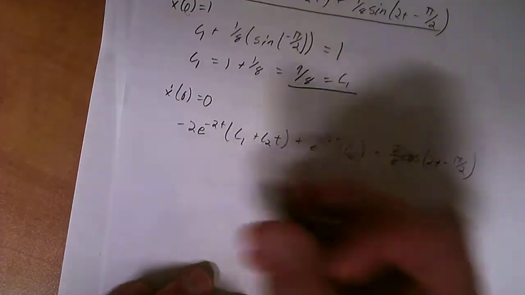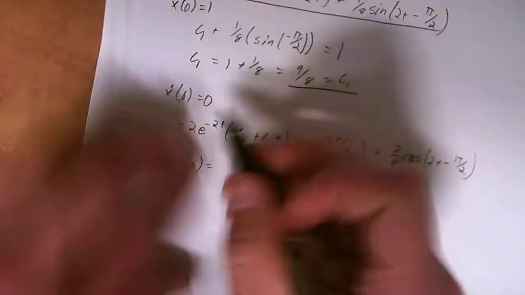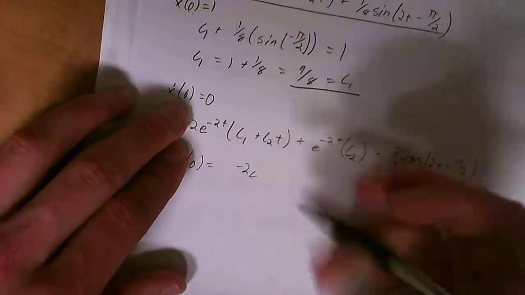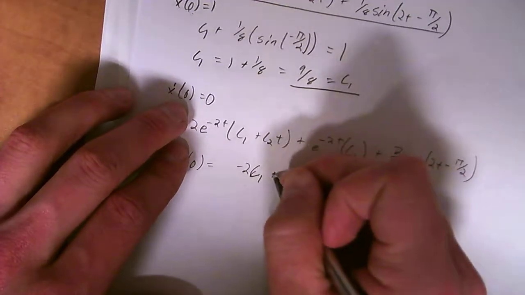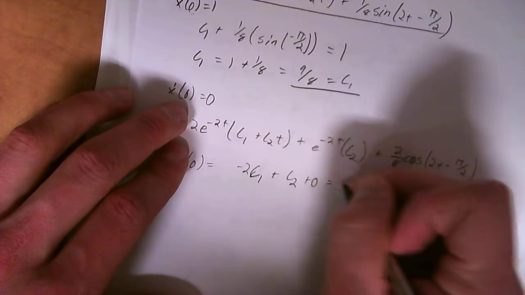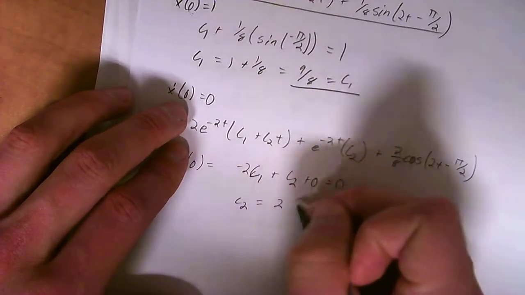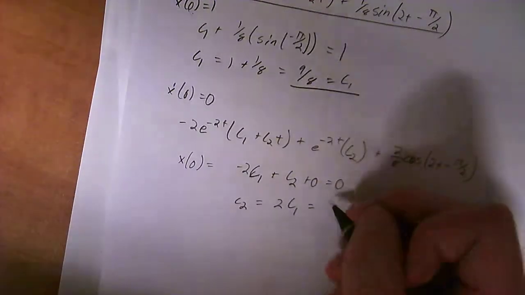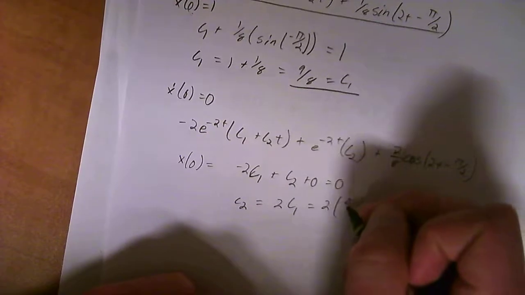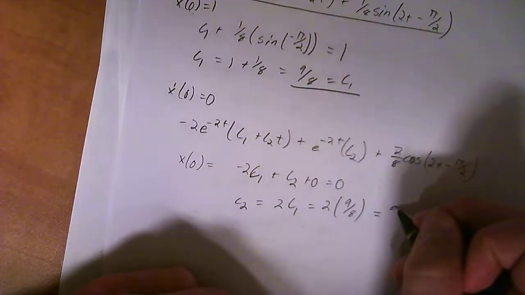Okay, so then x dot of 0 is equal to negative 2 C1 plus C2 plus 0, subbing in 0 for t into this equation, is equal to 0. So then C2 is equal to 2 C1, which is equal to 2 times 9 over 8, which is then equal to 9 over 4.